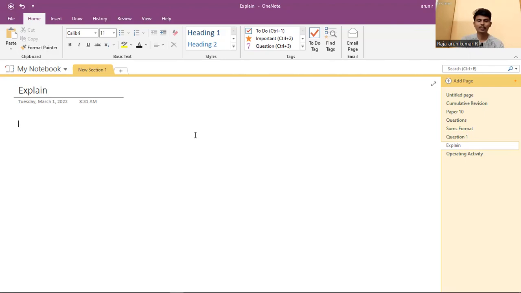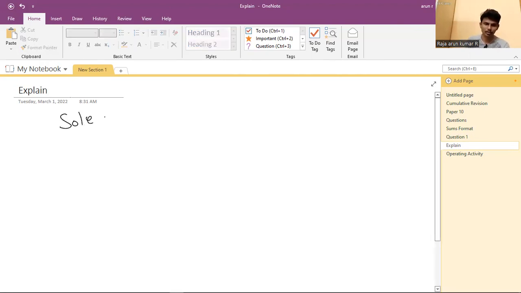In the sole proprietorship business, what do they put in the final account? Trading and profit and loss account.